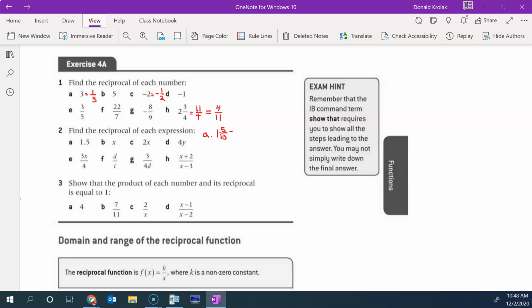Now turn that into an improper fraction. So that's 10 plus 5, 15/10. And now swap the numerator and denominator and reduce it to lowest terms. So 2/3.